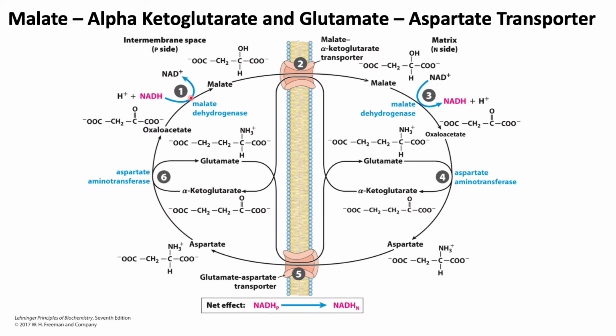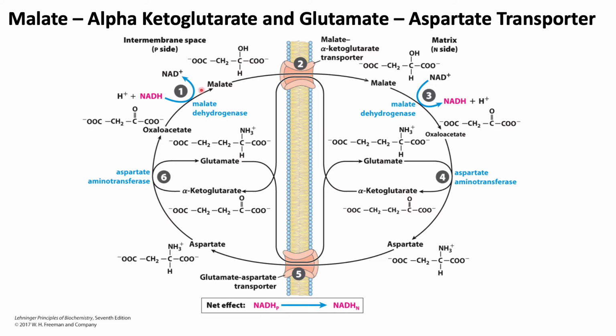So the electrons of NADH must be transported through the membrane in an alternative route to be utilized in the ETC to produce ATP. That alternative route is to utilize those electrons and convert it into a molecule that is able to cross the membrane.